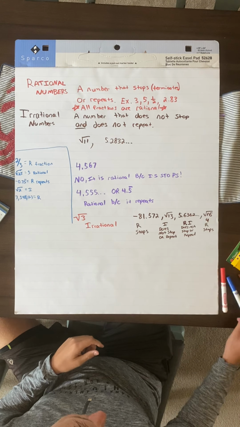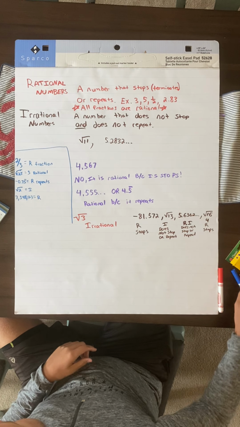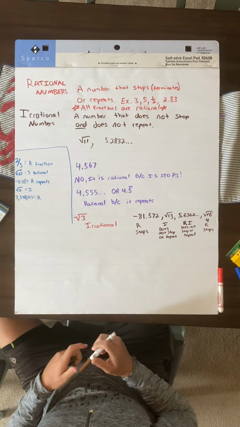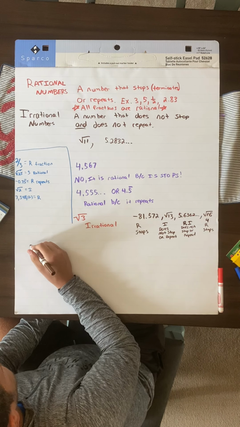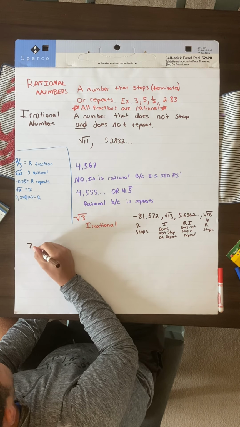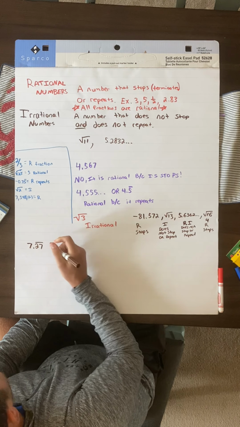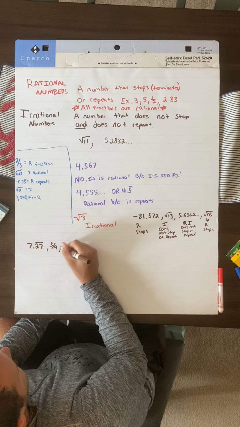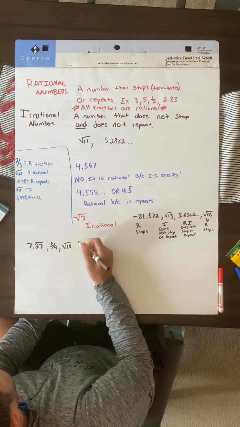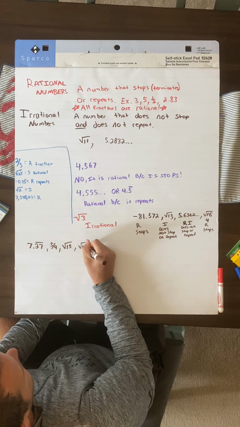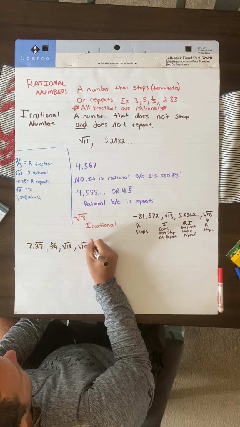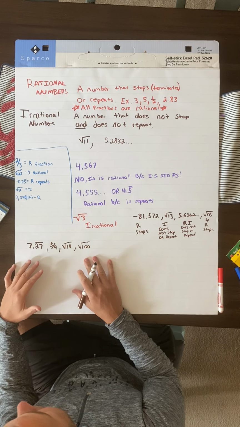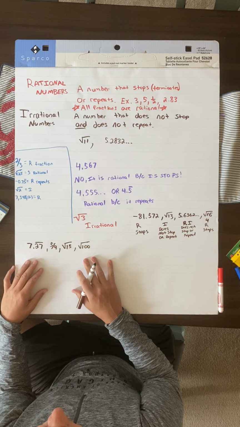A few more examples here. I'll pick a different color, make it stand out a little bit. This will be number 10. All right, and the question asks us to find out which one of these is irrational.